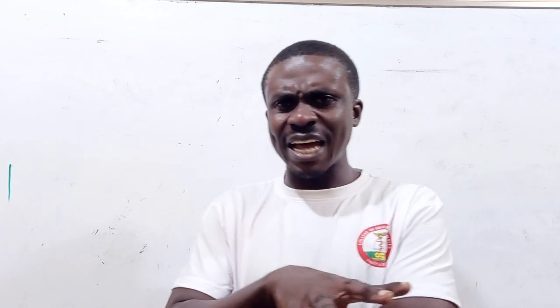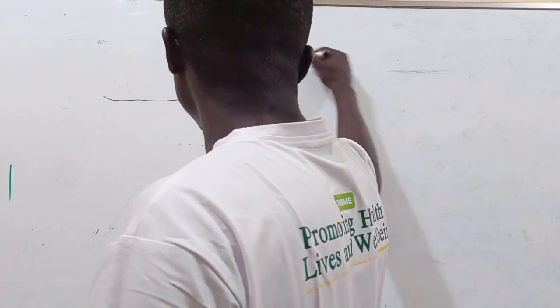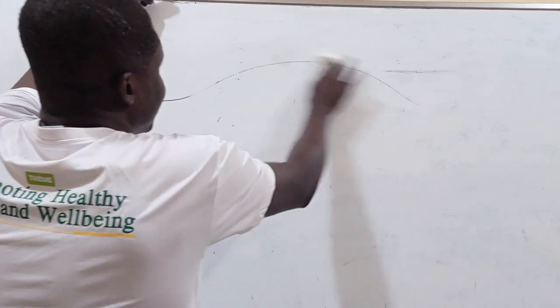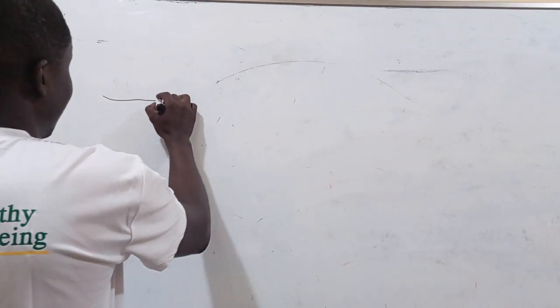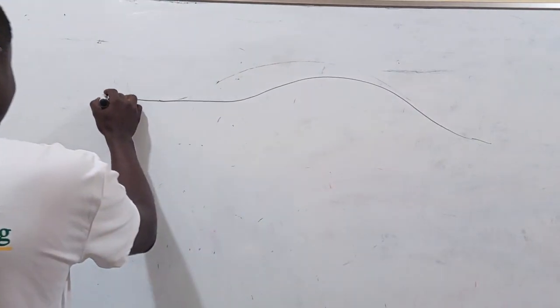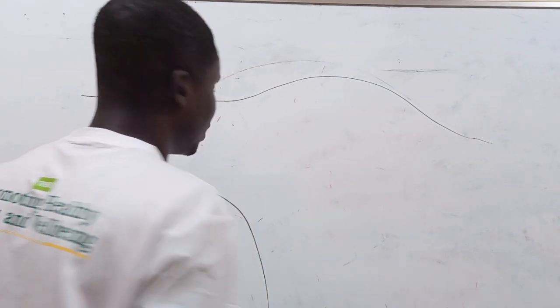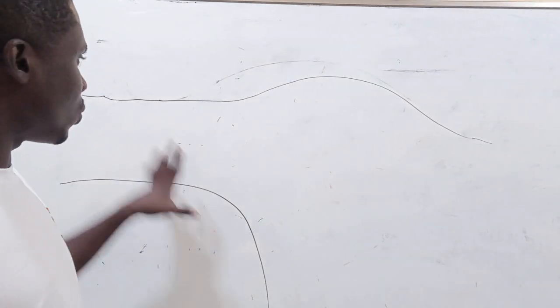Now my friends, take it at this point that, assuming this is, let's say, a schematic representation showing, let's say, one portion of the uterine tube.